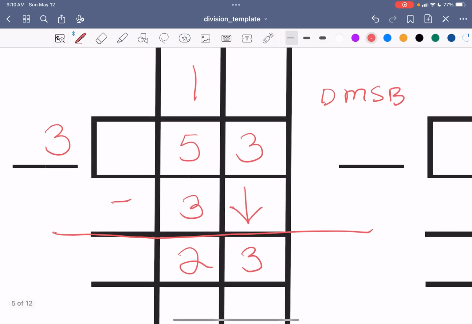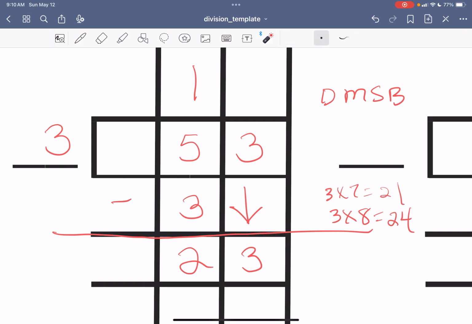So now I got to say, how many times can 3 go into 23? So I know 3 times 7 is equal to 21. And 3 times 8 is equal to 24. So it's going to be 3 times 7 because 3 times 8 is too big. Put my 7 here. So I divided.